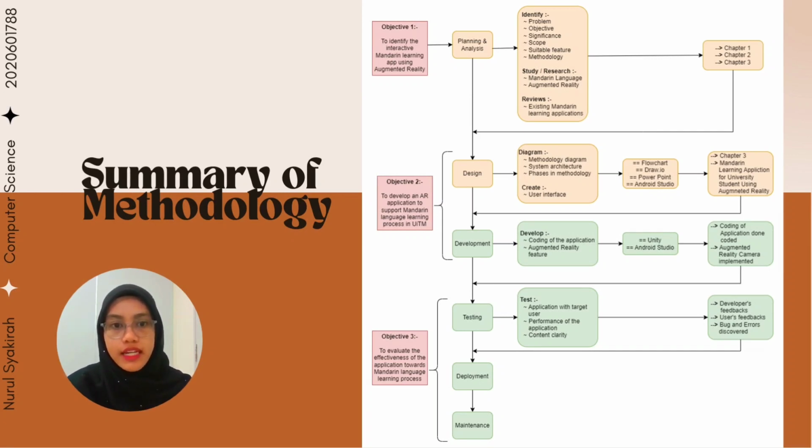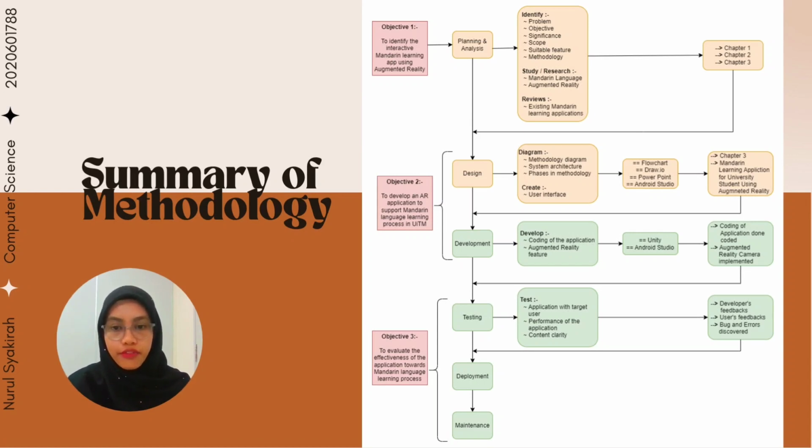So for the design, it also provides the flowchart of each phase, and it uses Draw.io software to draw the flowchart, and it also uses PowerPoint to design the methodology diagram. So for the other 3 phases, which are testing, deployment, and maintenance, they will be connected to the third objective, which is to evaluate the effectiveness of the application.